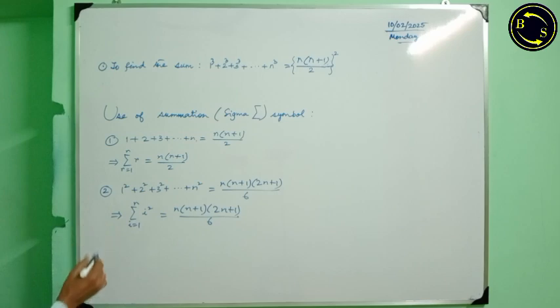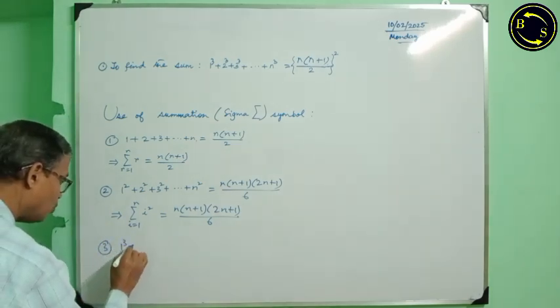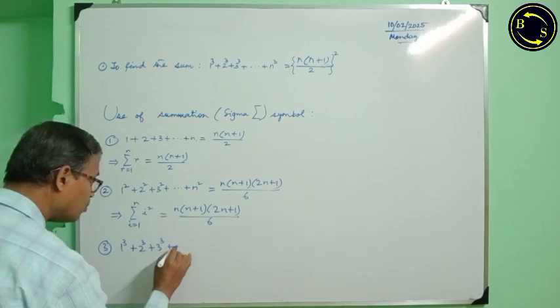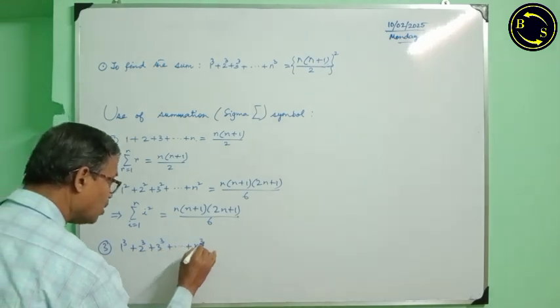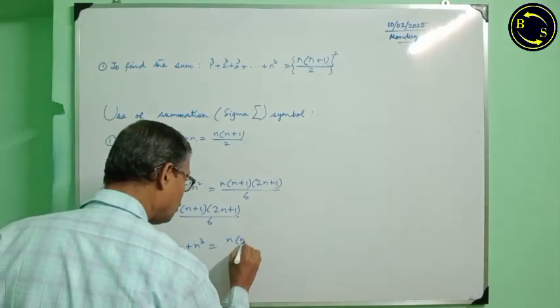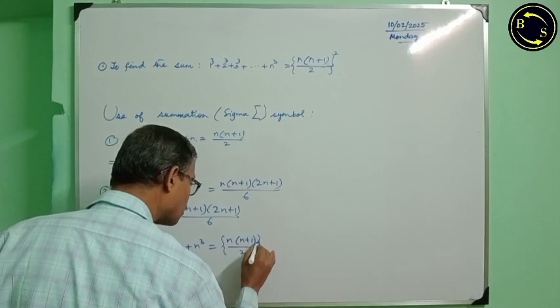Next, 1 cube plus 2 cube plus 3 cube plus dot dot dot plus n cube is equal to n into n plus 1 by 2 whole square.